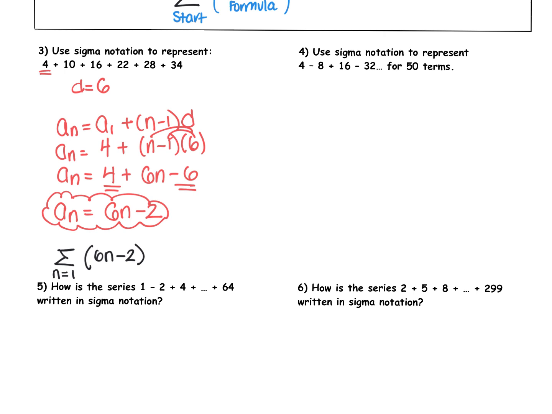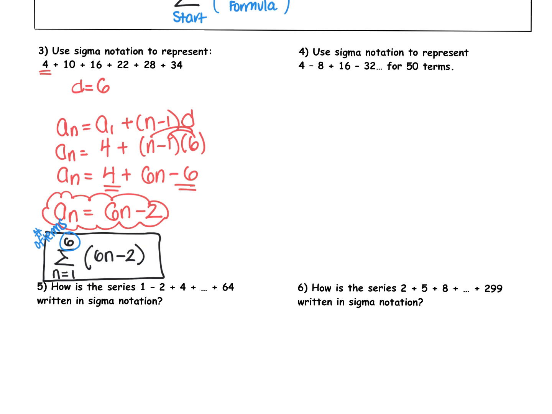So there are 6 times that we will be adding, so the 6 will go on top. That's where I end, and that would be my final answer. So you can think of this 6 up here as just the number of terms that we're adding together. So we started at 1, 2, 3, 4, 5, and 6.